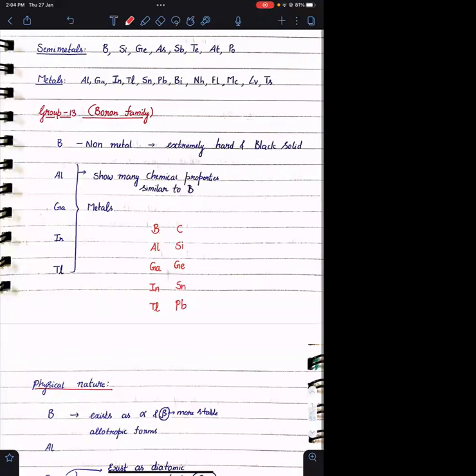After this, nitrogen, phosphorus, arsenic, antimony, bismuth, oxygen, sulfur, selenium, tellurium, polonium. Then you have fluorine, chlorine, bromine, iodine, astatine.